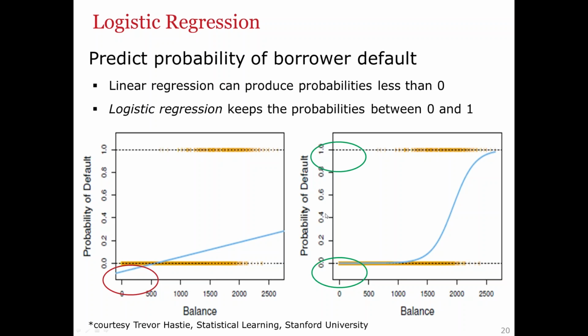So there are other formulas like logistic regression, which is just another statistical formula that puts it in a band between 0 and 1. So they're just different statistical techniques that we use.